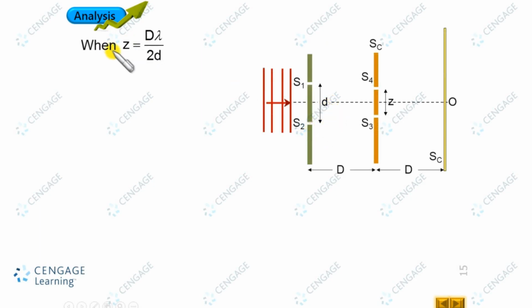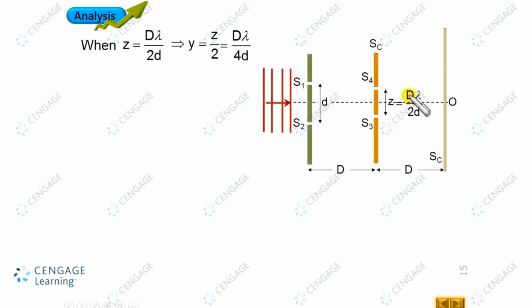In the Young double slit experiment, the distance measured from the center of the screen to the top should be y, and this z by 2 should be equal to y. So y equals z by 2, and z equals this much, so y equals capital D lambda divided by 4 small d.